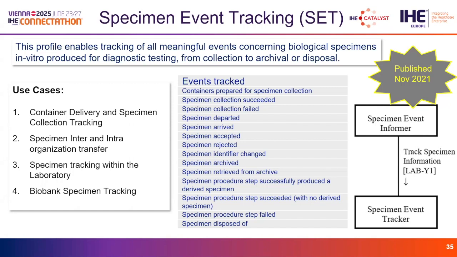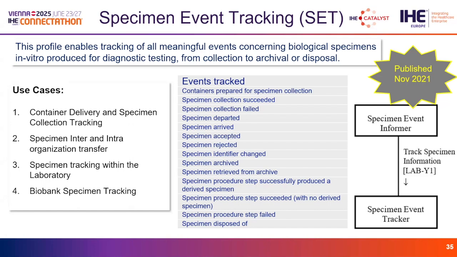So we identified several use cases, according to whether the specimen has been produced for the first time, or has been transferred from one facility to another, or has been analyzed by some analyzer inside the lab, or exchanged inside or outside a biobank.